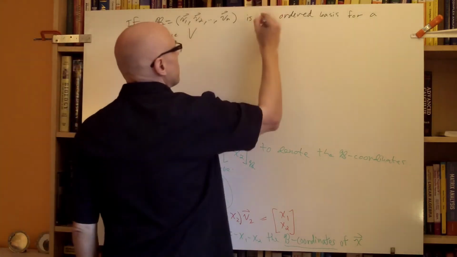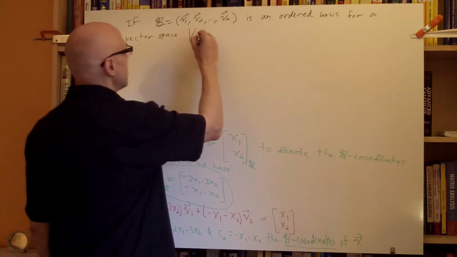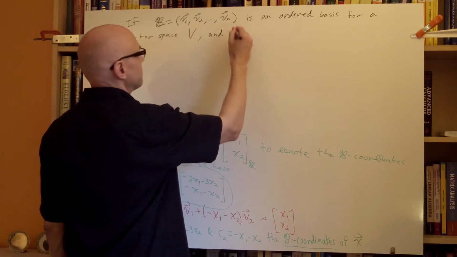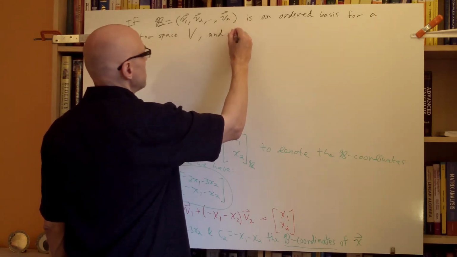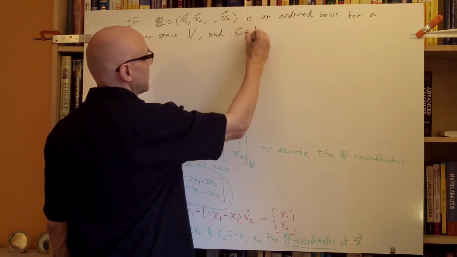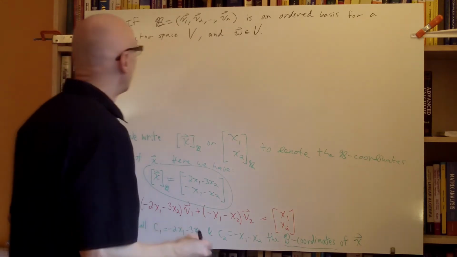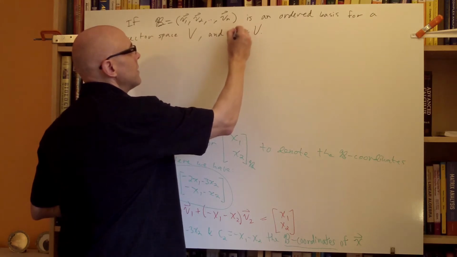So if this is an ordered basis for a vector space V, and let me use W or something is an element of the vector space V. No, I'll do it like the textbooks. A little v.